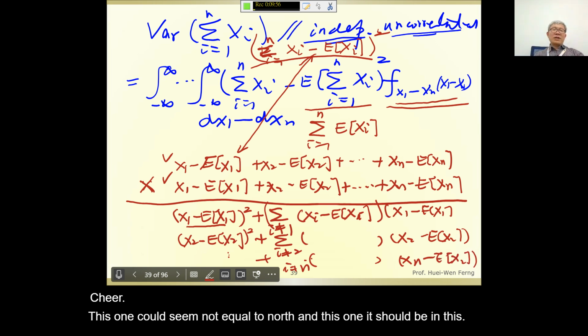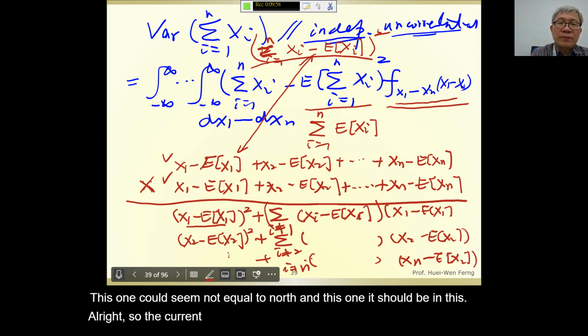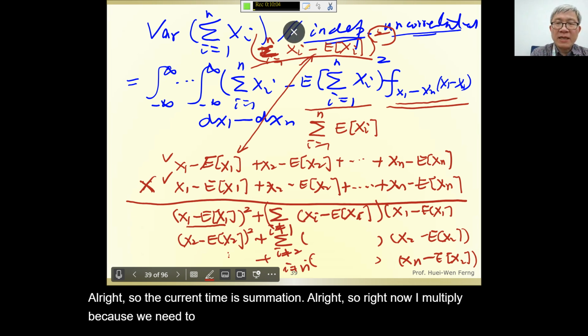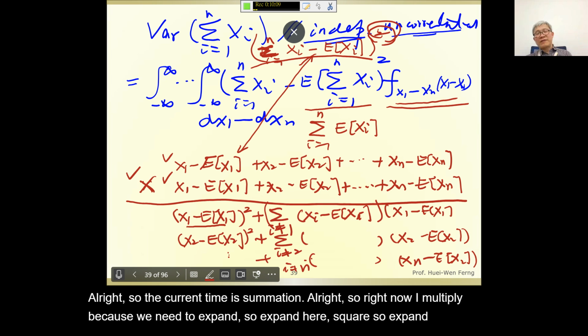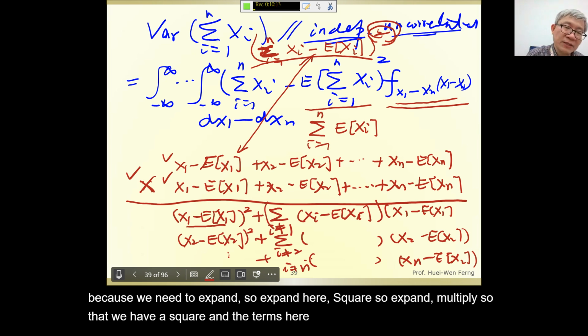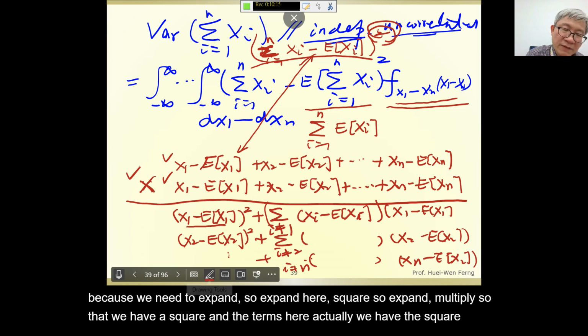So right now we multiply because we need to expand. Expand the square, multiply, so that we have the square terms, and I use a different color.